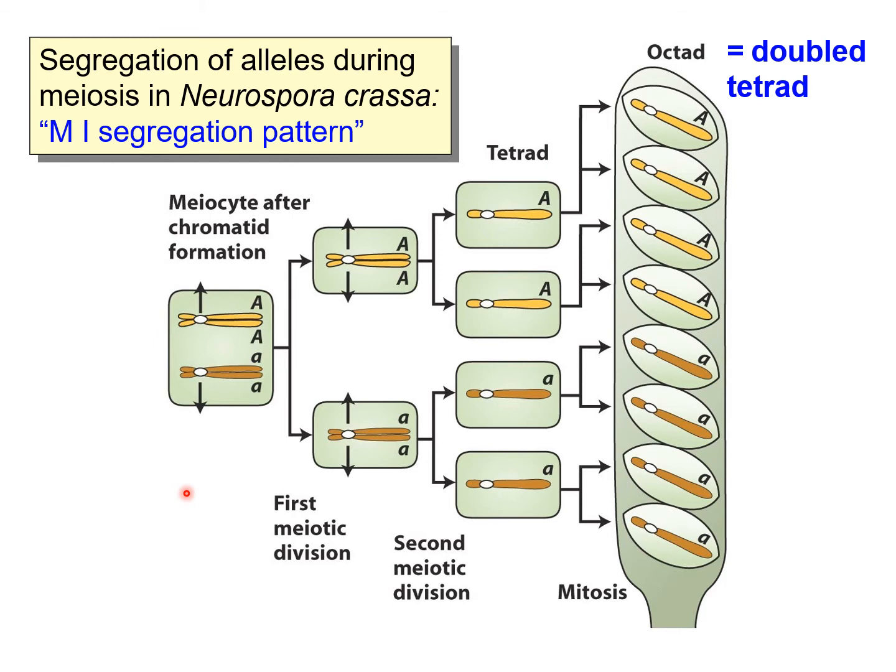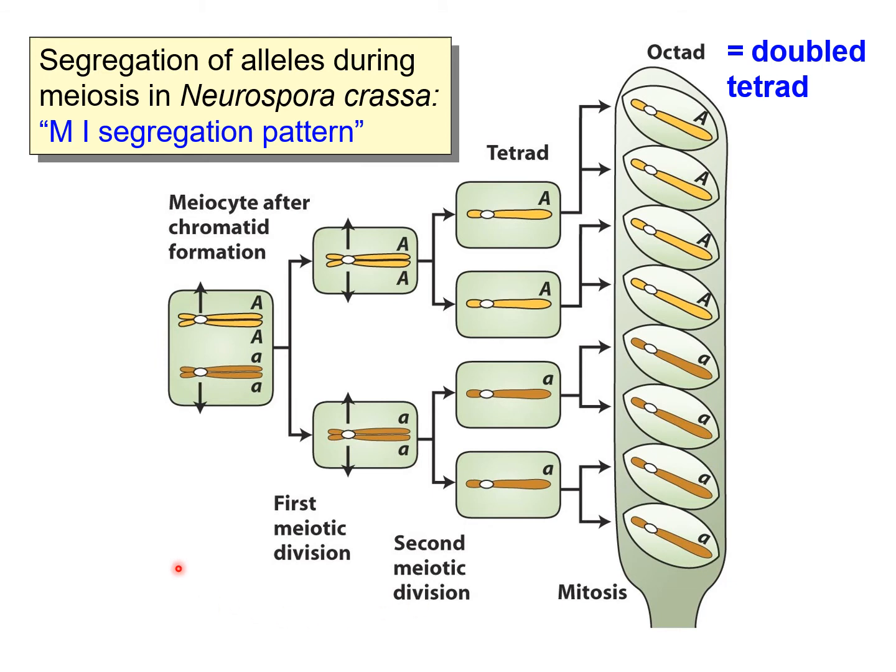A little bit of detail on how the segregation of alleles takes place here. There are two ways: we are going to study the segregation of alleles after the first meiotic division, which we call the M1 segregation pattern, and the M2 segregation pattern, where we study how the alleles get segregated at the end of the second meiotic division.